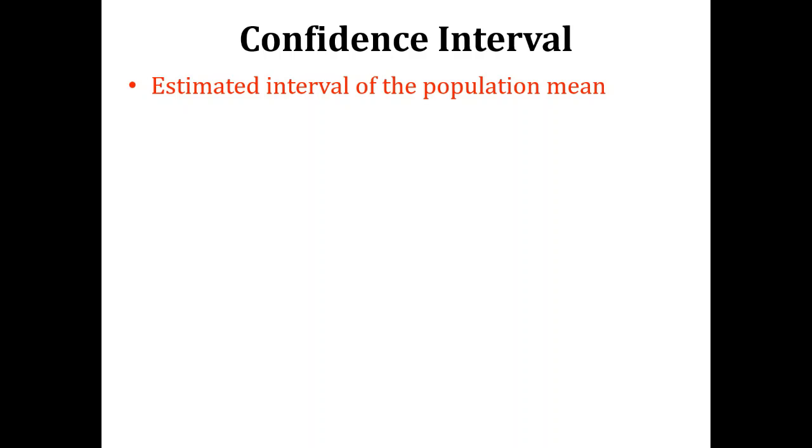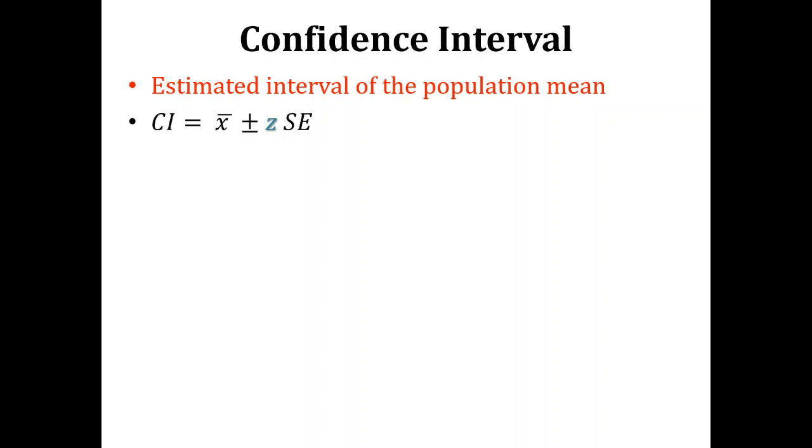It is basically a limit or a range of values in which the population mean is expected to lie. Because we don't have the exact value of the population mean, we can only estimate it, because our sample mean deviates from the population mean, and we have calculated that deviation as the standard error. So now we can give the confidence interval in which our population mean is expected to lie.